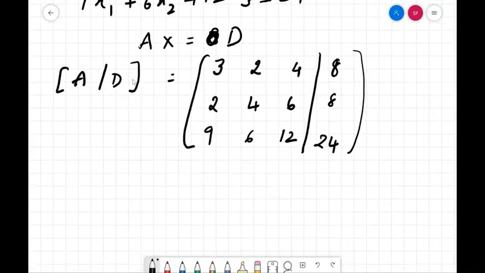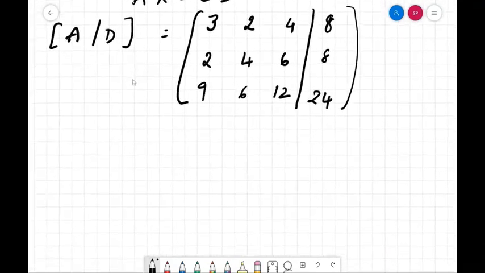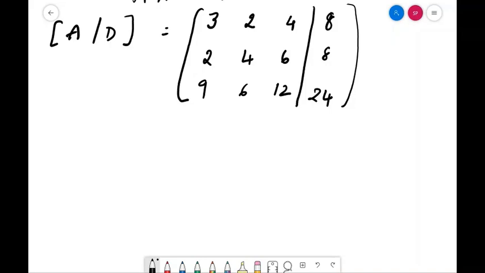Earlier, in this lesson only, we reduced the same matrix to echelon form, but let us do it once again. So let me convert this matrix. I have here the first row, first element 3. This is my leading entry or pivot element.